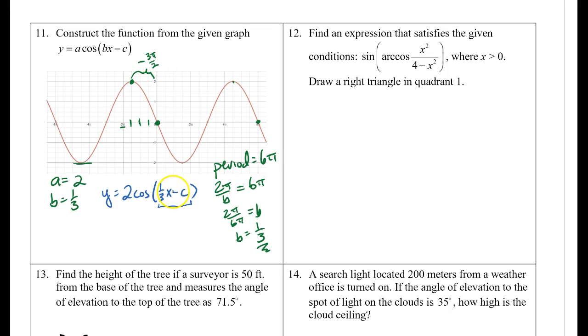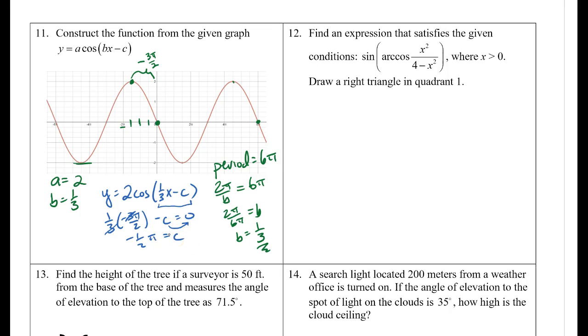So I'm going to plug the -3 pi halves in for my x. So I've got 1/3 times -3 pi halves minus c equals 0. Those 3's are going to cancel. I get -1/2 pi is equal to, if I move the c over to that side, -1/2 pi is equal to c.